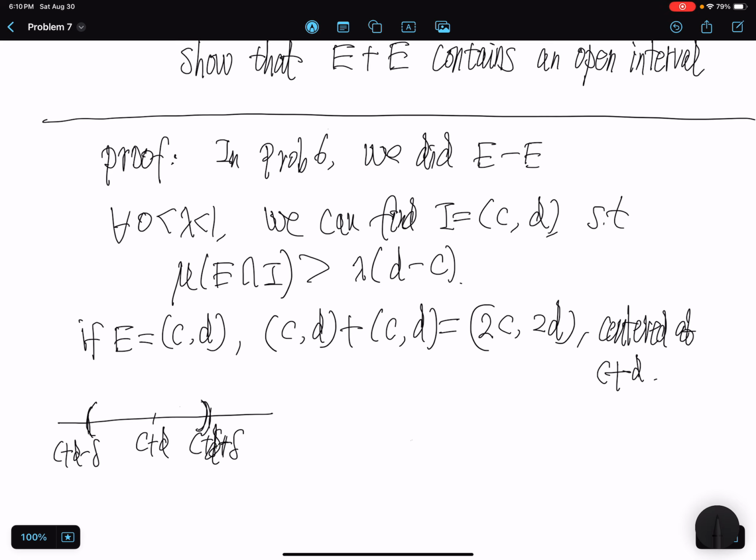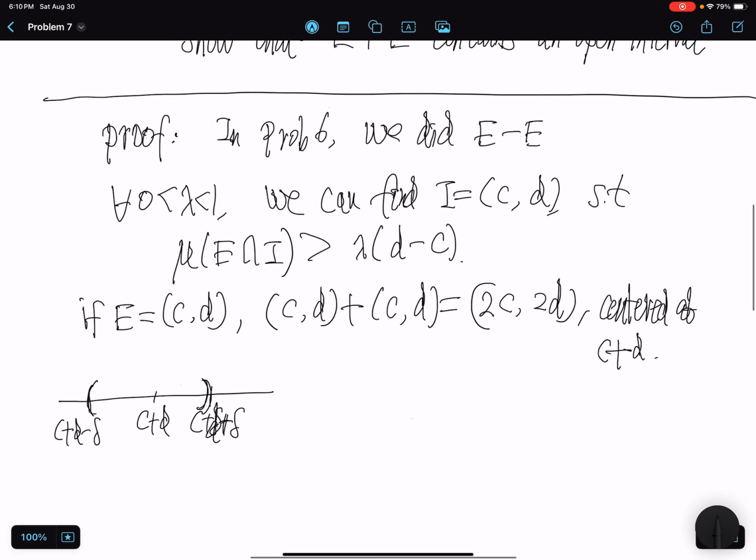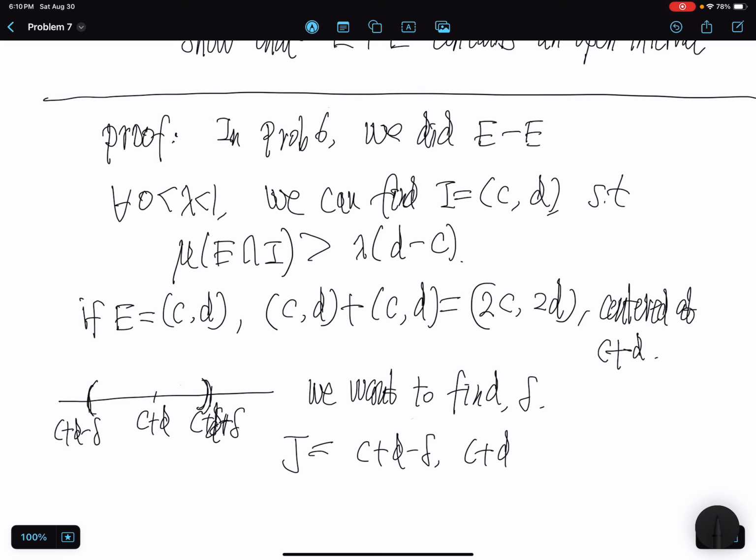Basically, we want to find delta, and this delta depends on lambda. This interval is our J interval, from C plus D minus delta to C plus D plus delta.